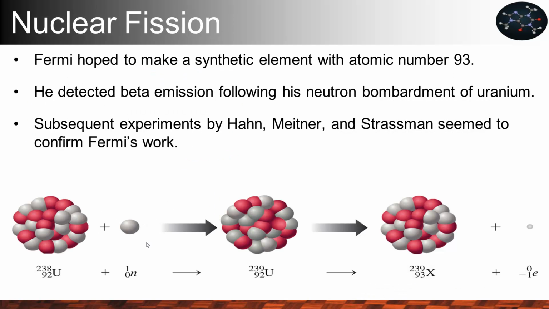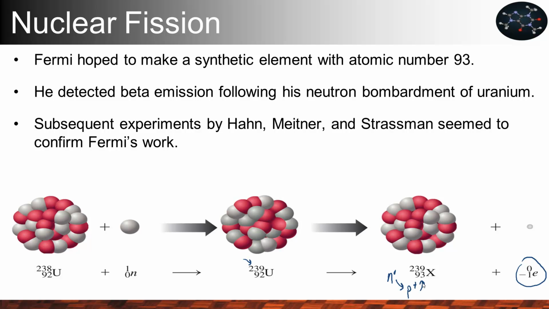So uranium, for instance. If we fire a neutron at uranium-238, it can merge with and pick up that neutron. Well, now it's got this extra neutron, which makes it unstable. So 239 here instead of uranium-238. That lack of stability causes that neutron to undergo beta decay, meaning that it kicks off an electron, and that neutron turns into a proton.